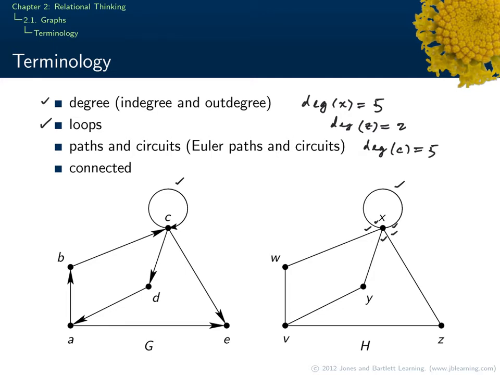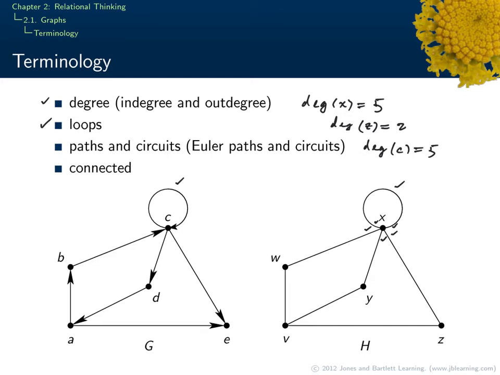Okay, now in the case of directed graphs, there's a specialization of degree called in degree and out degree. In degree is the number of edge touches with an incoming arrow, and out degree is the number of edge touches without an incoming arrow.